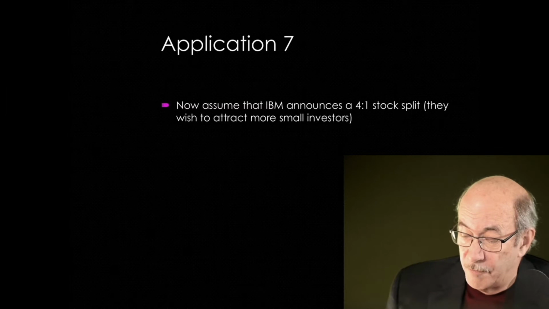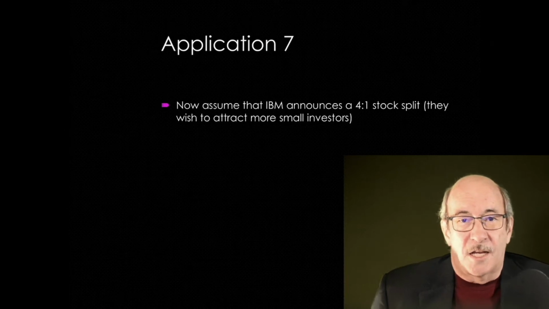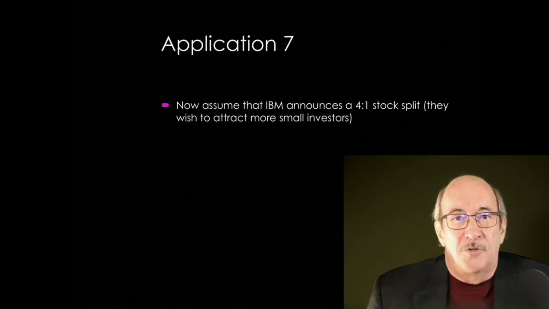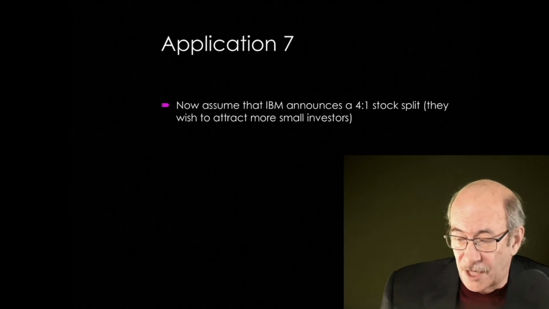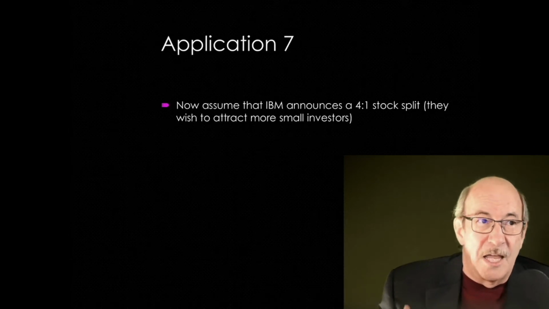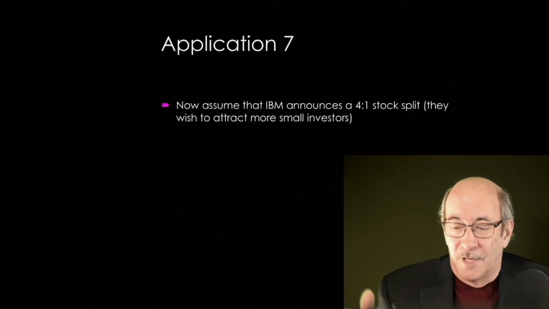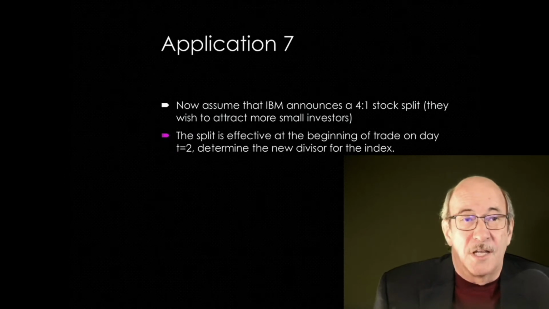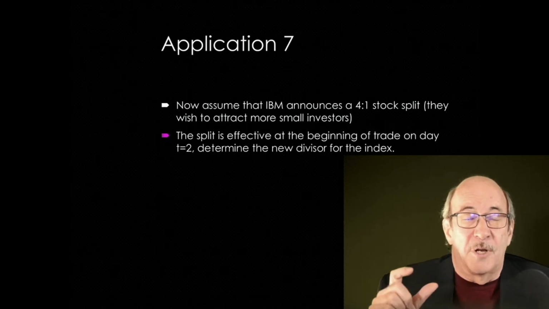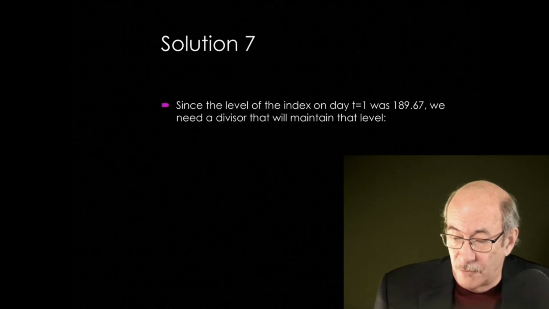So we've got IBM doing a 4-for-1 stock split here, which means that since this is a price-weighted index, that's going to alter the value of the index if we don't do something to affect that. So it would look like IBM lost 75% of its value, and we don't want that. So the thing that we do is we alter the denominator, we alter the divisor that we're using in there.